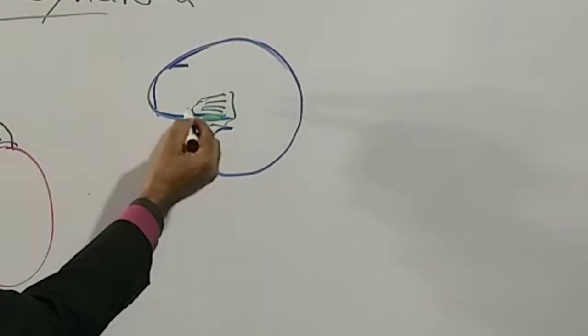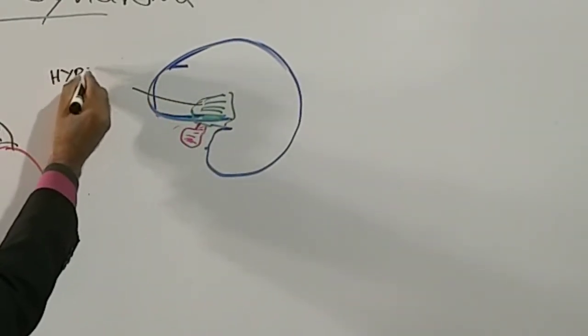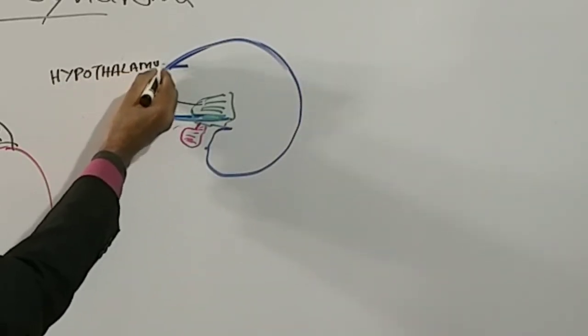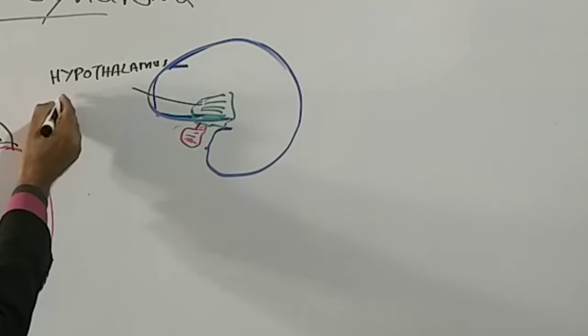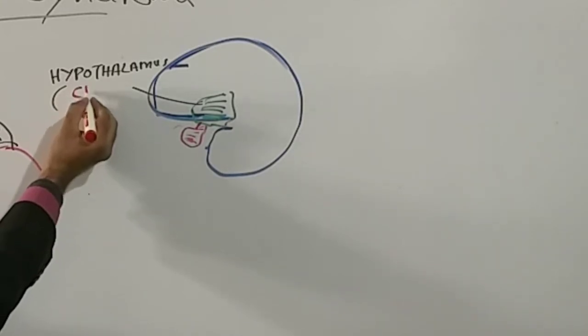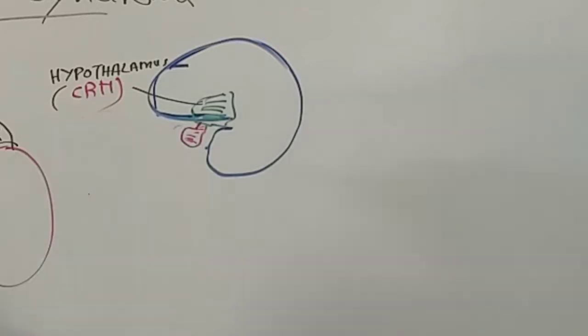Now this hypothalamus produces a hormone which we call corticotropin releasing hormone, CRH.